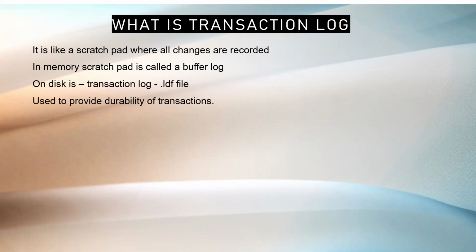Basically, what it means is any transaction, anything that happens on the database, either it should be fully there in the database or should not be. So it should be committed fully or not committed. This transaction log helps us provide that feature, and we will look at how it does that in the coming slides. So let's go to that.